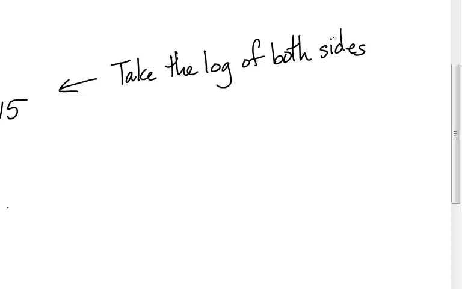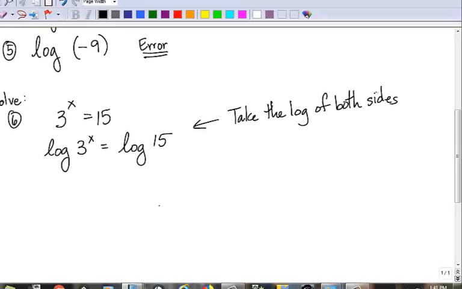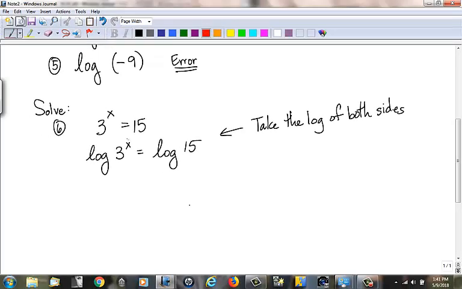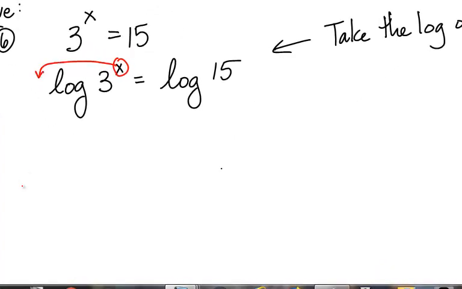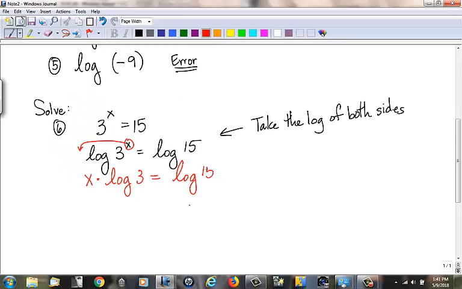Okay, now from what we did in the notes day before yesterday, the third law of logarithms says this exponent is going to go out front. So on the next line, it's x times the log of 3 equals the log of 15. And remember, you're solving for x.